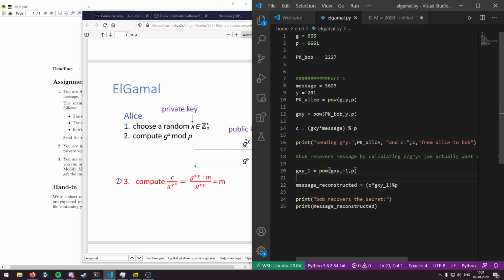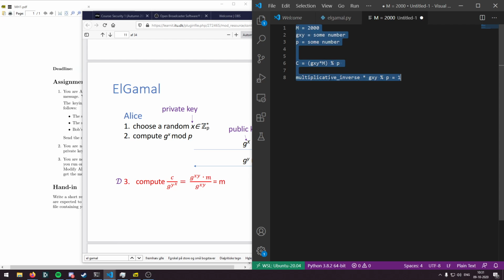I'll just say it again. We have a key gxy. We need to find the number that multiplies with this number under modulo p that gives 1. I'm sorry I'm saying it many times, but I just want everyone to understand. It doesn't always exist.